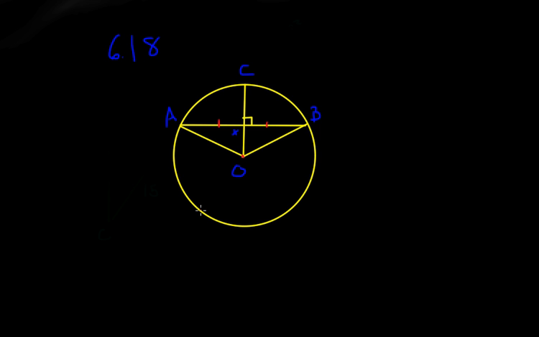What you do here is use what I just explained with hypotenuse leg congruency. OA and OB are both radii, so OA is equal to OB. And since OX is equal to itself, you have one leg and the hypotenuse of each triangle.